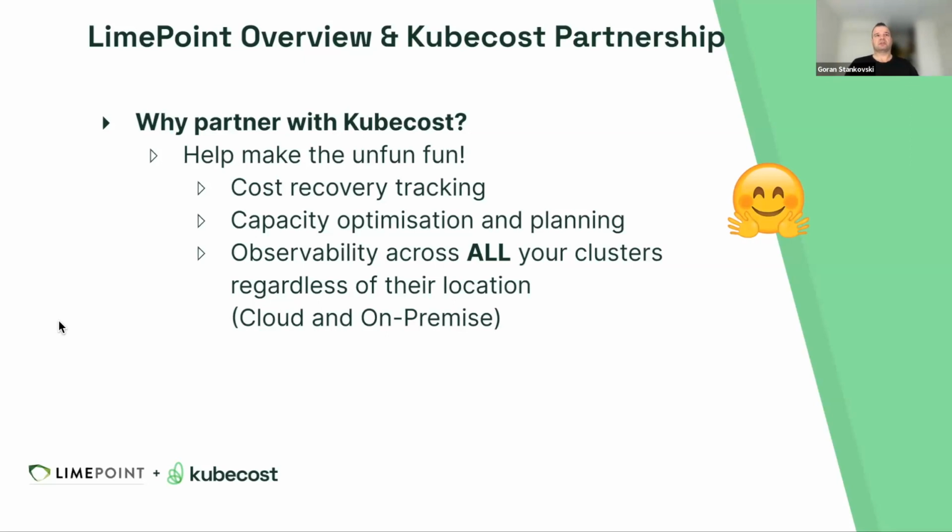So it just gives you that observability across all your Kubernetes clusters, regardless of where they're deployed, whether you deploy them in your cloud or in an on-premise environment. It gives you that ability to accurately manage your portfolio.